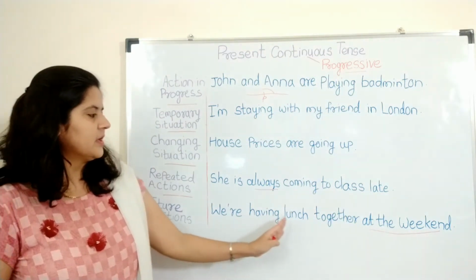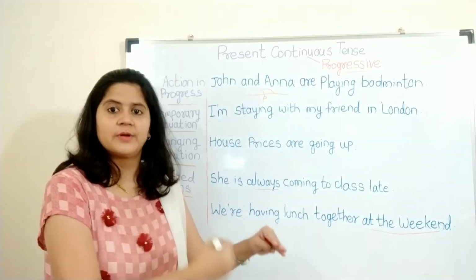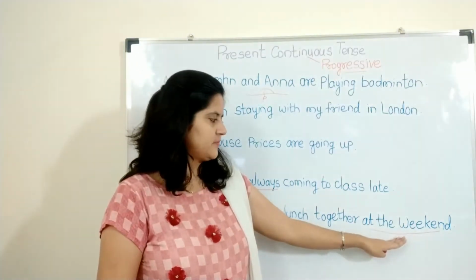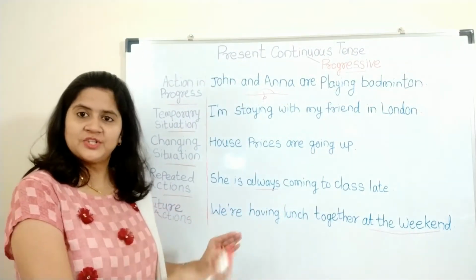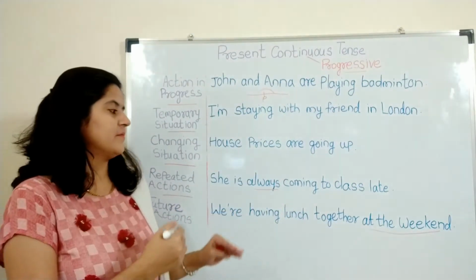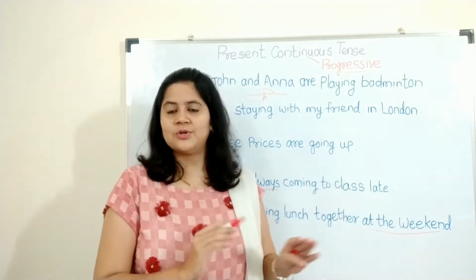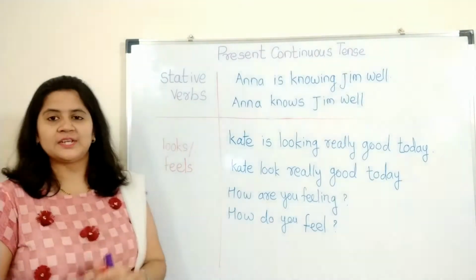We are having lunch together means it is going on right now. But if we add this phrase at the weekend, it will change the meaning, that we are having lunch together at the weekend, which is in the future. This is not happening now.